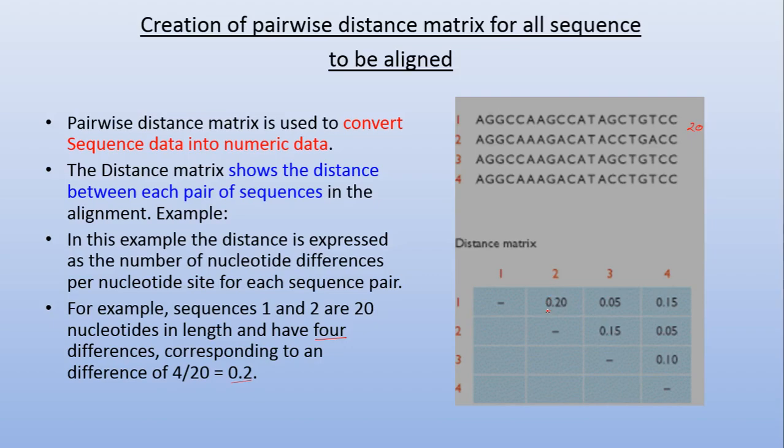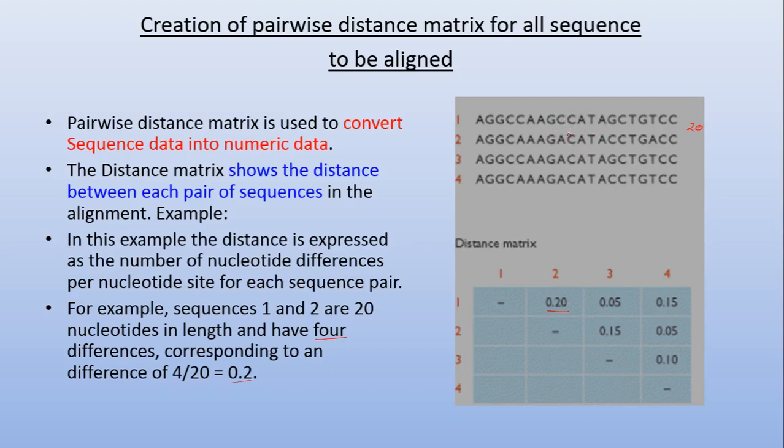So this 0.20 corresponds to the distance between sequence 1 and sequence 2. The idea is to obtain some numerical way by which you can decide which of the two sequences are similar and which are dissimilar.